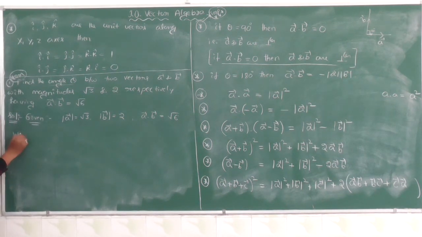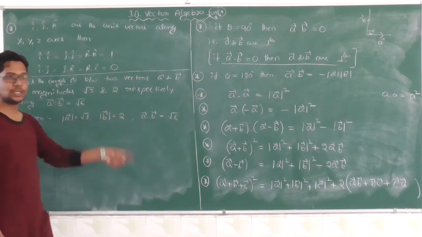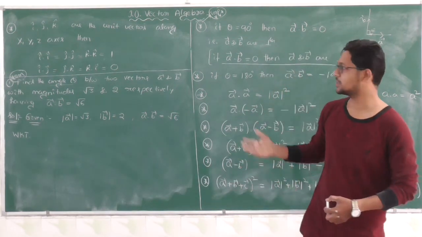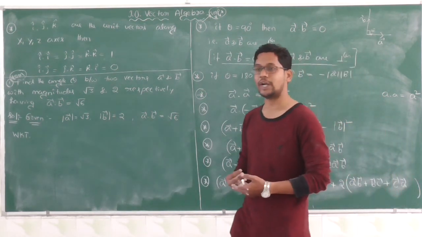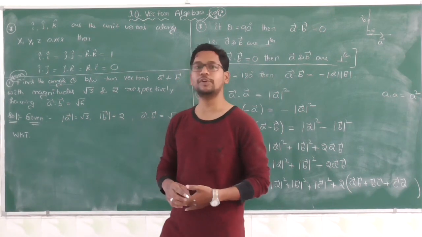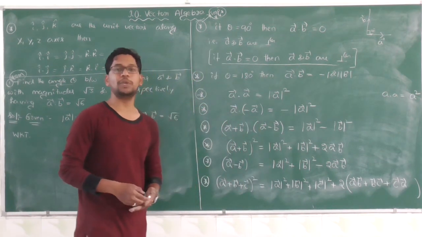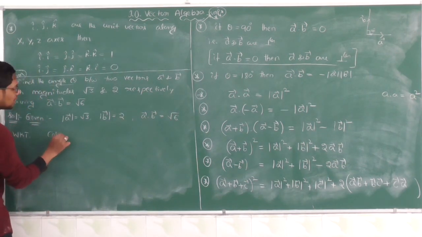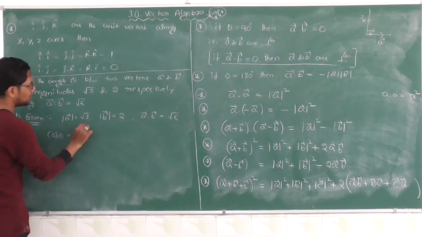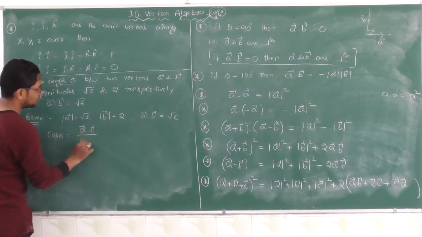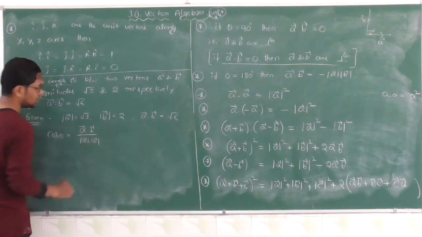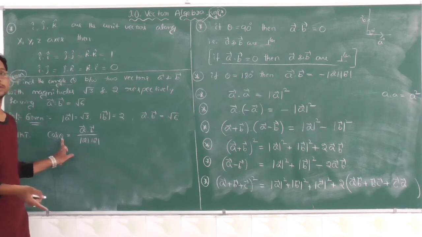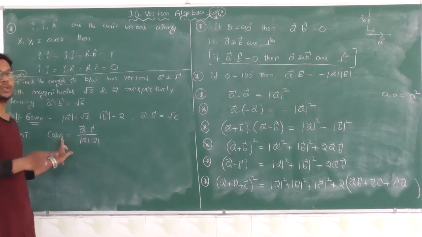What is the formula to find the angle between two vectors? In the starting itself, we already discussed the scalar product of two vectors. The formula is cos theta equals A dot B divided by magnitude A times magnitude B, where theta belongs to 0 to 180 degrees.